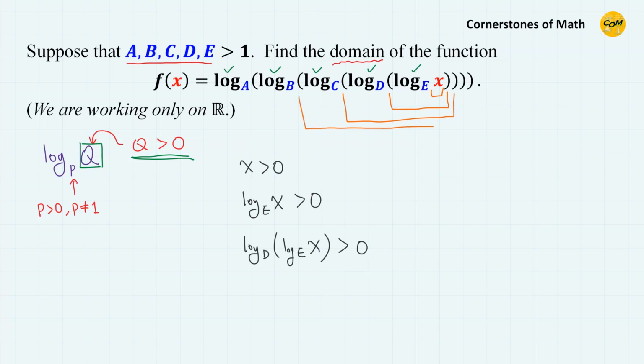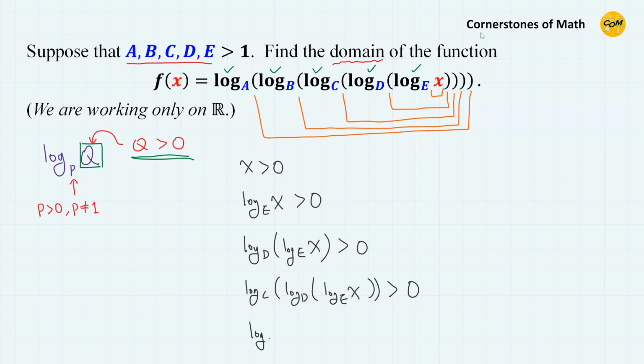Then this part must be positive, so log base c of log base d of log base e of x must be positive. And finally, this part must be positive, so log base b of log base c of log base d of log base e of x must be positive.